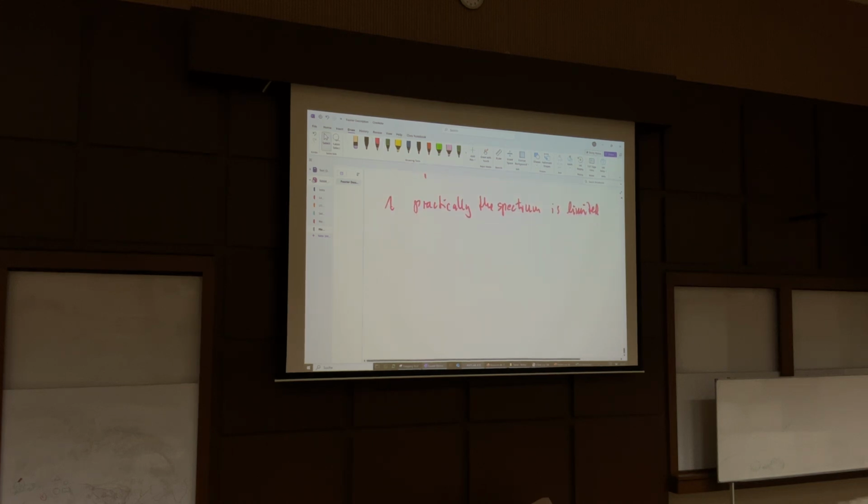So then you have, for example, here your x of omega, the amplitude, and then you have something like this here.